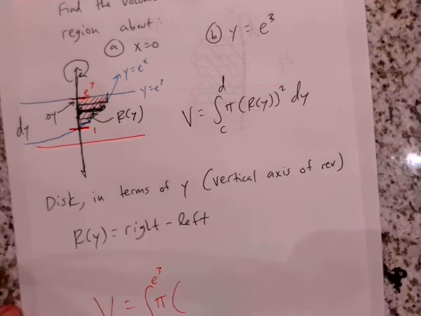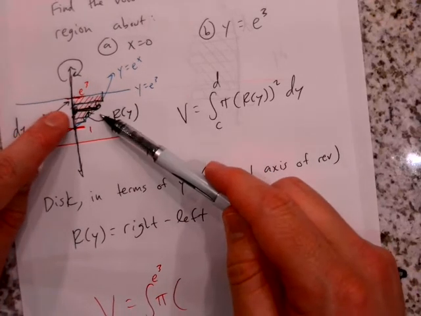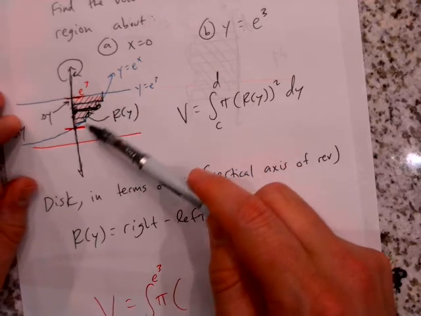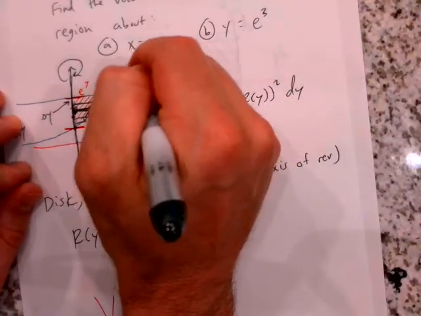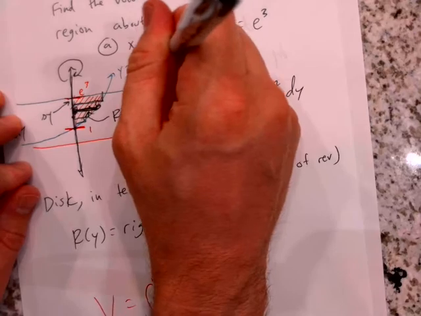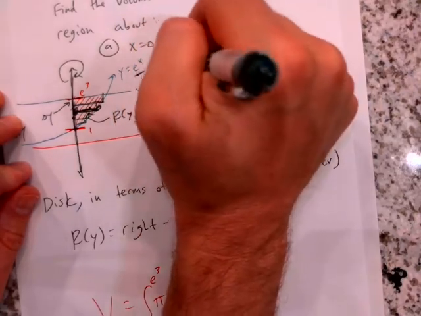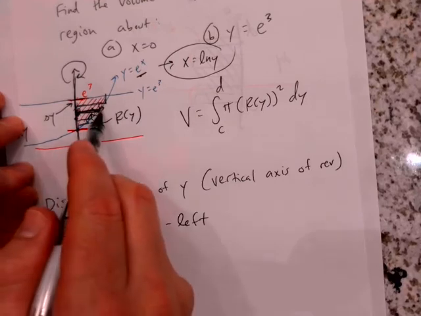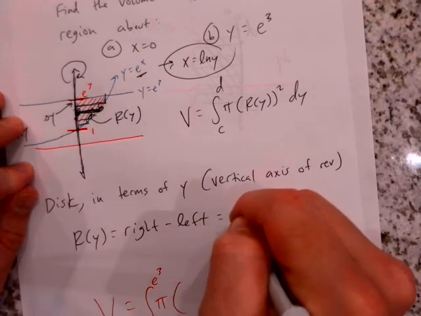just like with the area problems, this length is just the right side minus the left side. The right side is this curve. This curve right now is a function of x, so we change that to be a function of y. So the right side is log y.